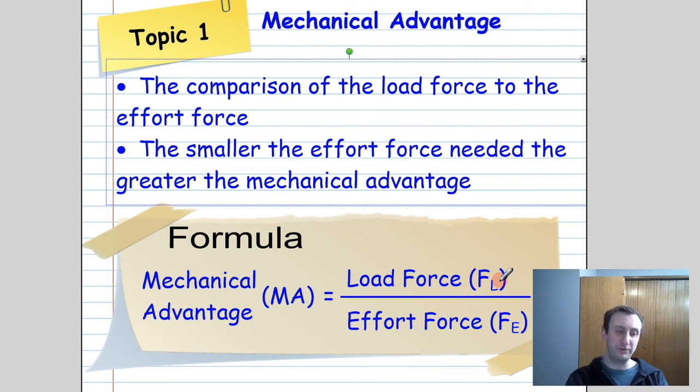The load force is the force that the load goes through, while the effort force is the force that the person applies. This allows us to figure out how much of a mechanical advantage we have from this simple machine. So the smaller the effort force needed, the greater the mechanical advantage.